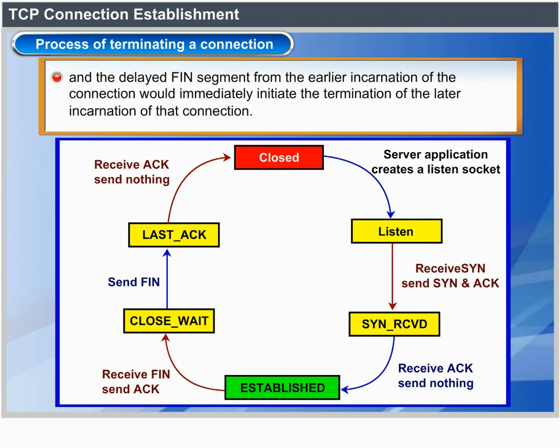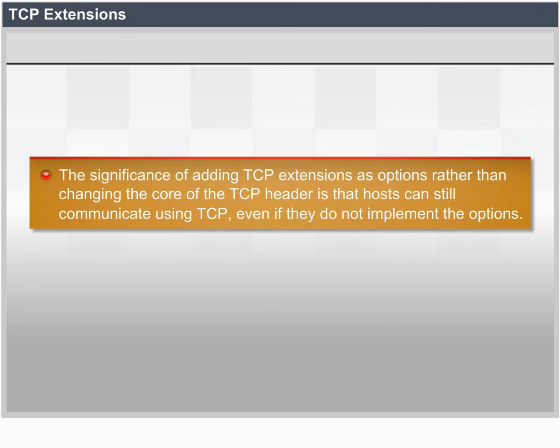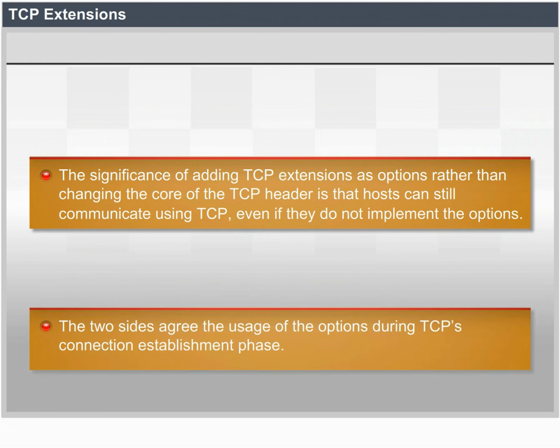TCP extensions. The significance of adding TCP extensions as options rather than changing the core of the TCP header is that hosts can still communicate using TCP even if they do not implement the options. The two sides agree that they will use the options during TCP's connection establishment phase.